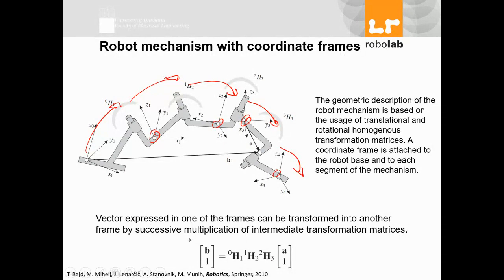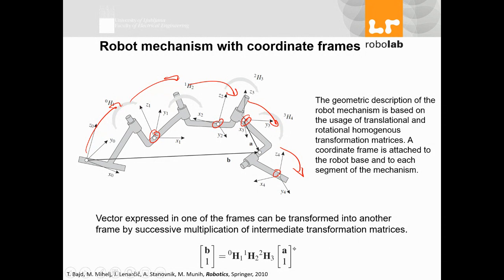A vector expressed in one of the frames can be transformed into another frame by successive multiplication of intermediate transformation matrices.